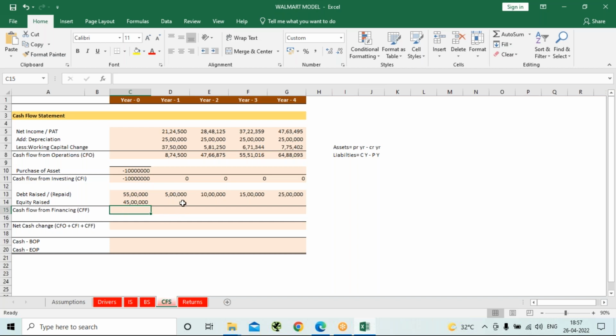And it has not been raised again and again in the future, so let it be zero. Then cash flow from financing, that total value is equal to the sum of the above values.